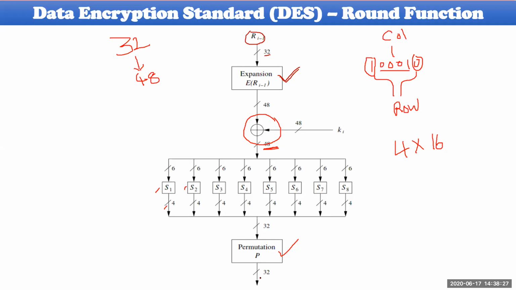For example, let this particular output be some capital X. Capital X is the output of the function, so Li will be equal to X exclusive OR with Ri-1.